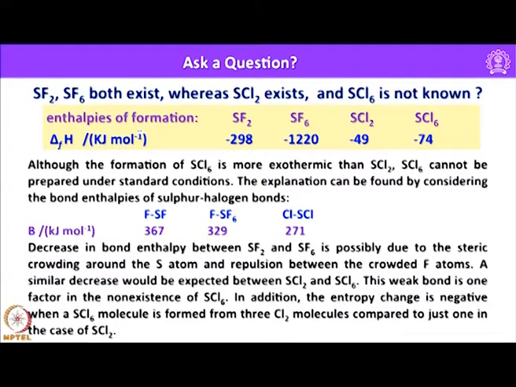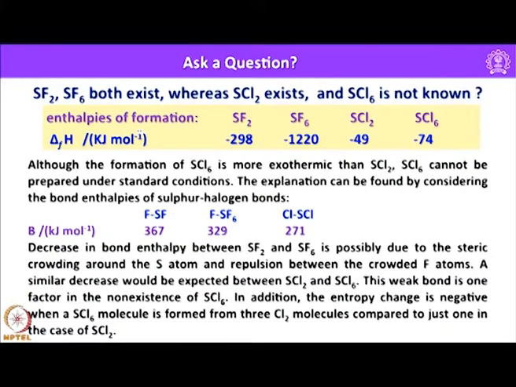Of course, one can explain using the steric crowding of 6 fluorine atoms which are loaded with 8 electrons each, which generates enormous repulsion between the crowded F atoms. So, a similar decrease is anticipated in case of SCl6 compared to SCl2. This weak bond is one factor that makes the preparation of sulfur hexachloride a bit difficult.